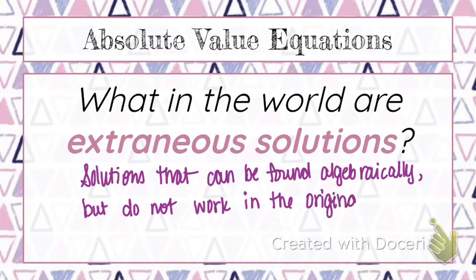When you solve for x, you might get an answer that, whenever you plug it back into the original equation and try to solve, doesn't work. That's possible. Those are called extraneous solutions. Let's jump into some examples, and at some point we will see an extraneous solution and you'll understand a little bit better what that means.